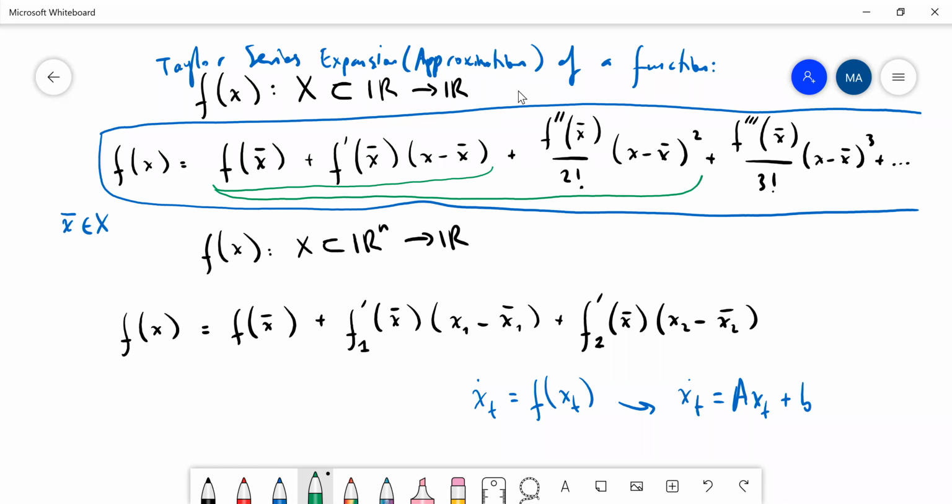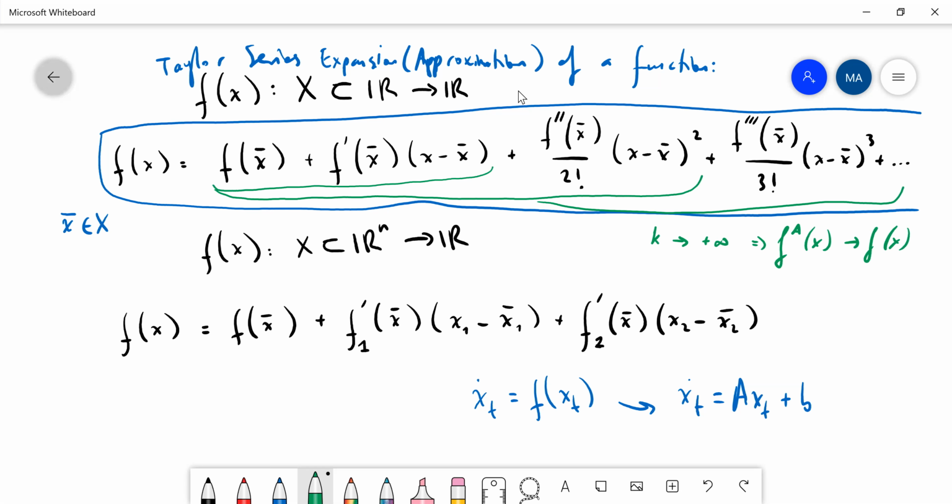Of course, when you add the second order derivative, you once again evaluate that derivative at x bar, but then you scale it down, and then you have the quadratic deviation from that point. Then you have the third order approximation, then the fourth order, fifth order, and that goes on. So if the order of approximation, let's say k, goes to positive infinity, then your approximation goes to the function itself.